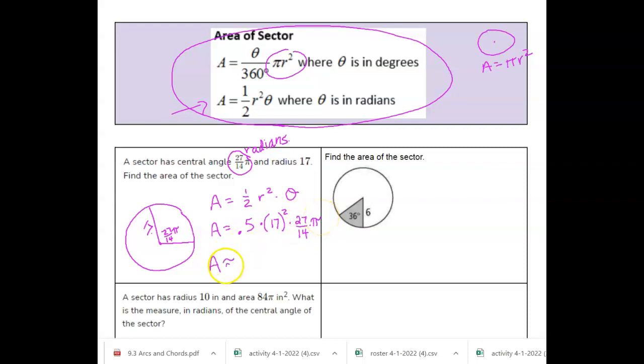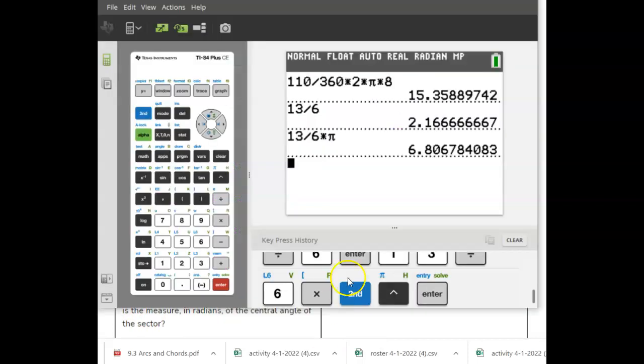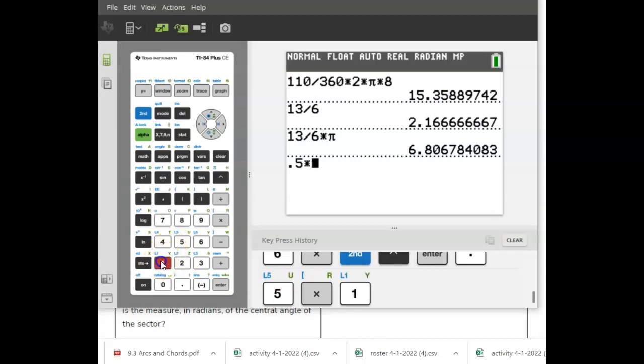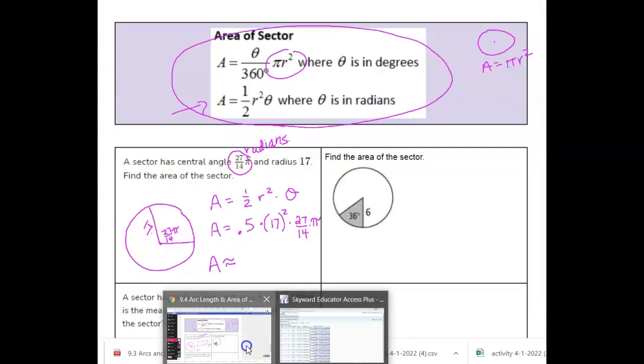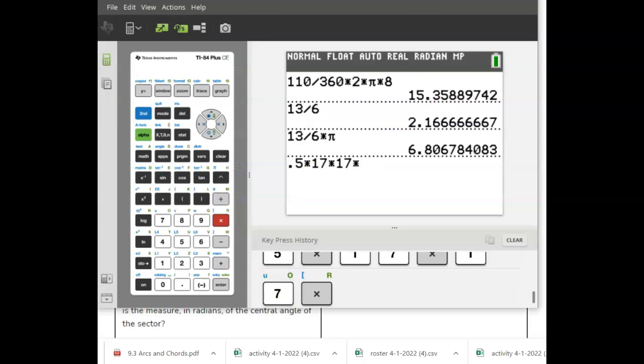I would say go to at least one decimal spot, though I'm pretty flexible. So I'm going to type in 0.5 times 17 times, because it's squared, if you don't have a squared button, you can just type it in again. And then times 27 divided by 14 times, and I'm going to use my pi button.